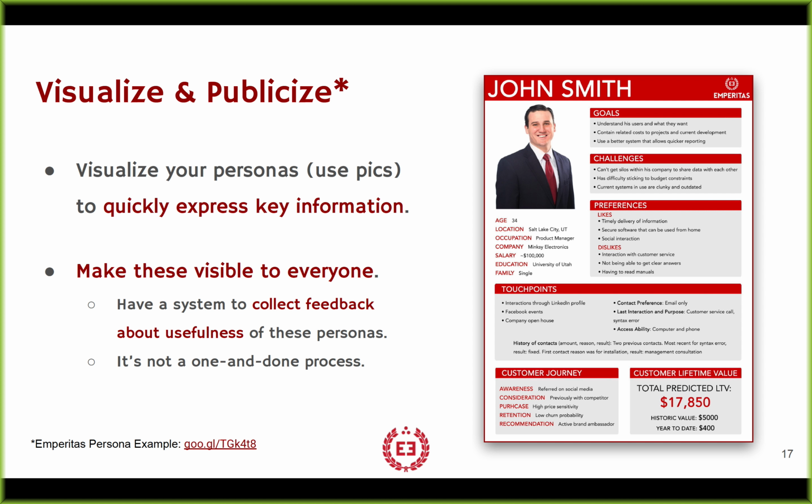It's pretty common in any persona development to have goals, challenges, sometimes they call barriers, preferences. It's the touch points, the customer journey, and the CLV that are going to take some extra effort on your part, but will add real value because this is how you guide profitable activity.